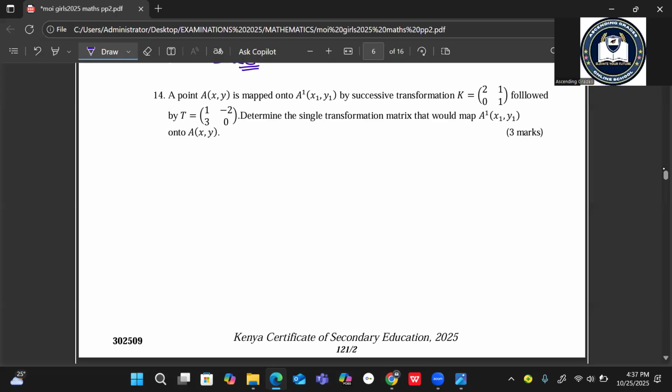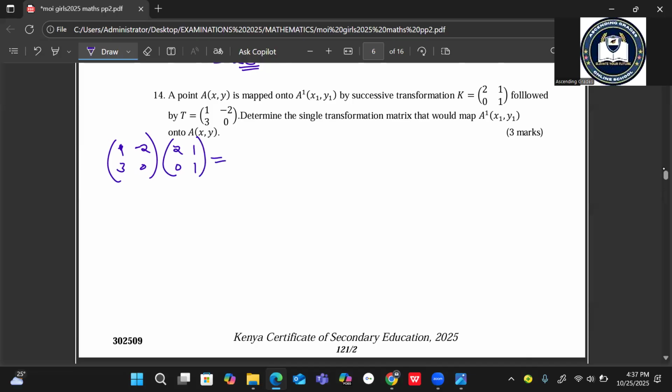So we have the two matrices. First of all, we have 1, -2, that is T. So we multiply T by K. T is 1, -2, then 3, 0. We multiply by K, which is 2, 1, 0, 1.